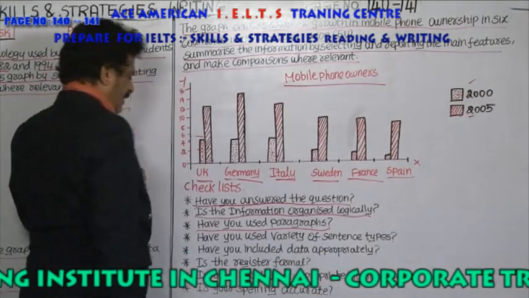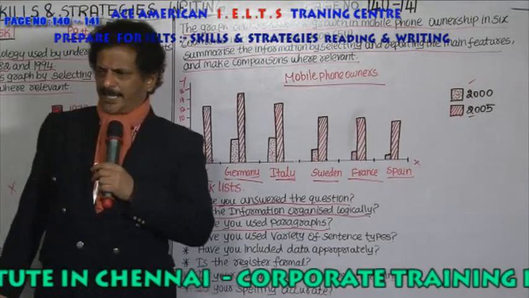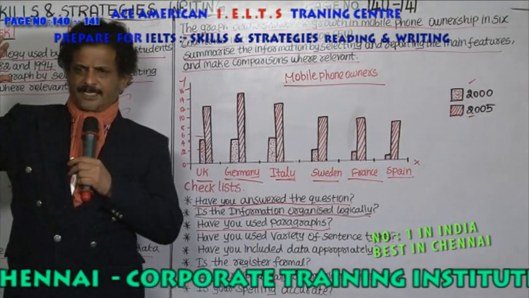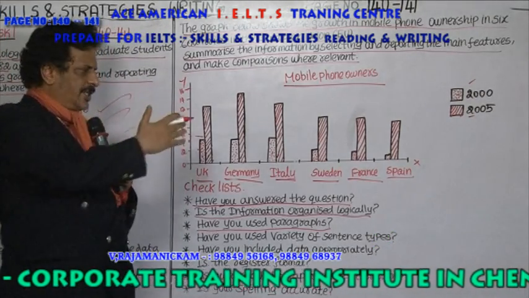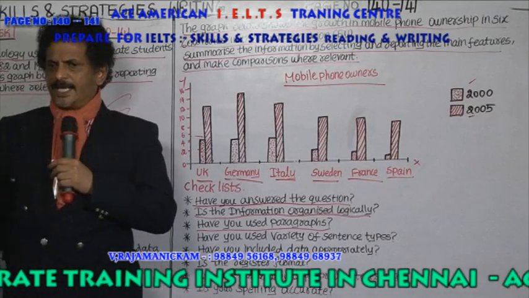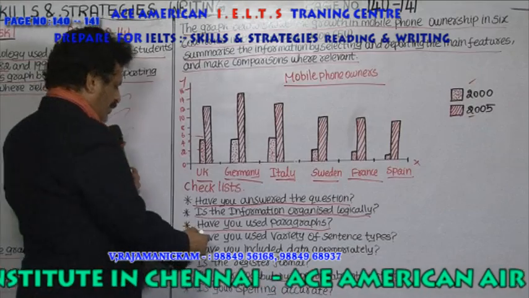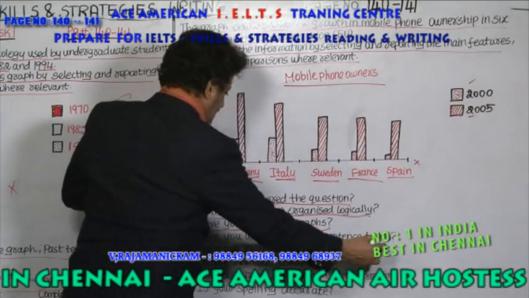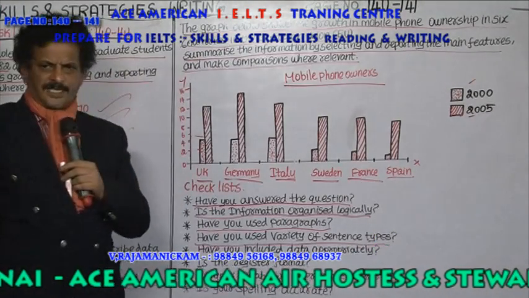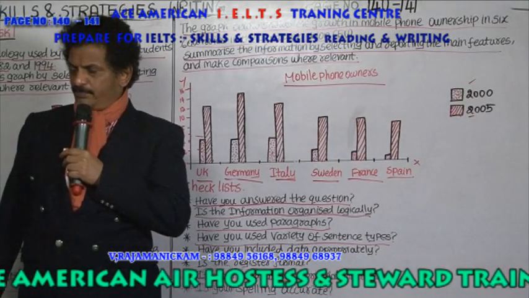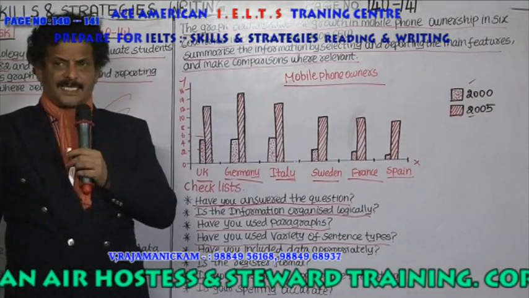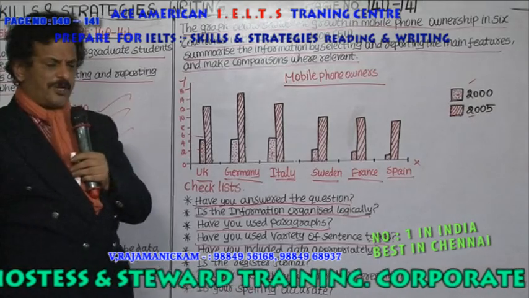So you have to check whether you have written everything in paragraphs. You divide everything into 2 or 3 divisions and write in paragraphs. And have you used a variety of sentence types? What are the variety of sentence types? Simple sentences, compound sentences, complex sentences. Are you using a variety of sentences?